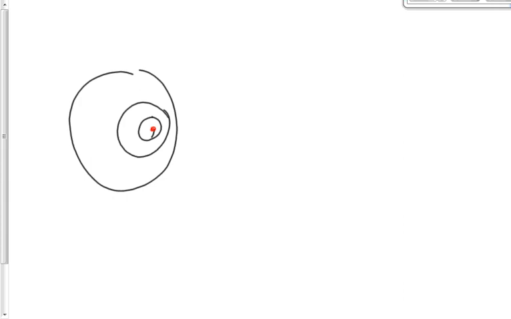But if the source ends up beating the wave, here's my first one. The source is moving to the right, but as the source is moving to the right, the wave is trying to catch up to it. So you end up seeing something like this, and so on.